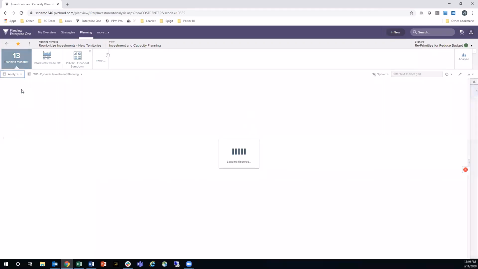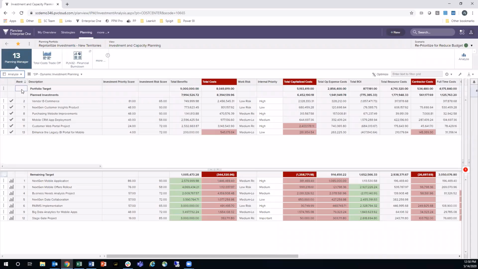And just as before, now I'm starting to look at the funding for expansion into new territories. I can see all of our ongoing projects up here at the top, as well as the graphs down here at the bottom.